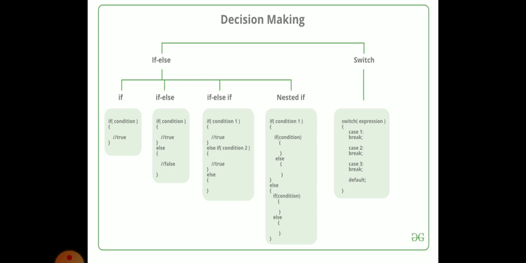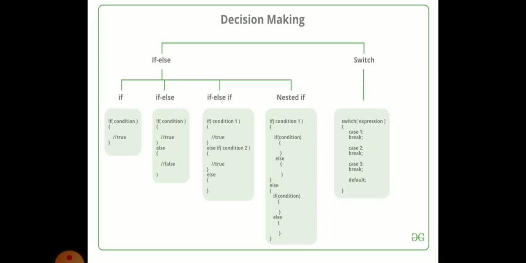So these are all control statements. That means these statements can control the flow of execution in a program, to alter the flow of execution of a program in some situations.